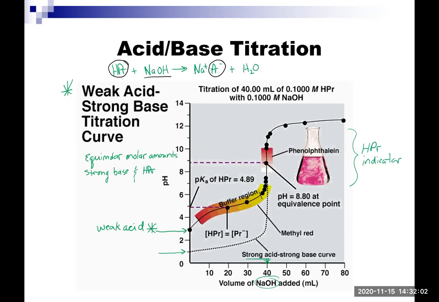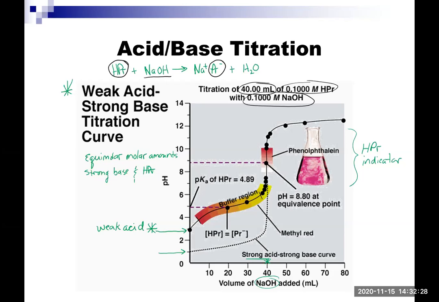And then we have 40 mLs of 0.1000 molar HPR. Our concentration for NaOH is also 0.1000. So those are equal concentrations. And the HPR and the sodium hydroxide are 1-to-1.